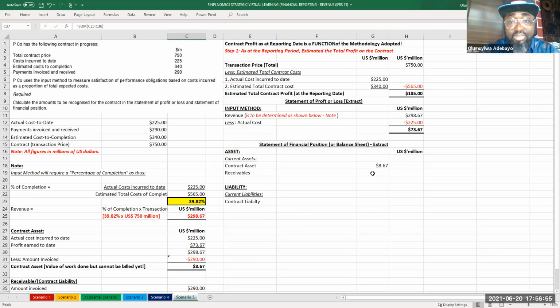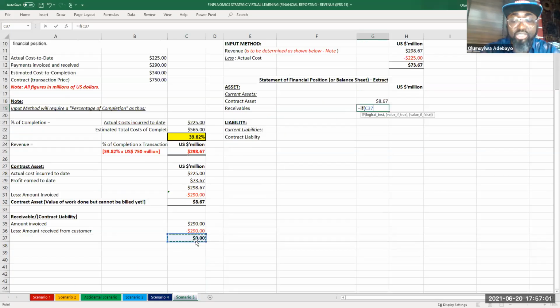And therefore, I'll come here. If this is positive, that is greater than equal to 0, return the value. Otherwise, return nothing, or return 0.